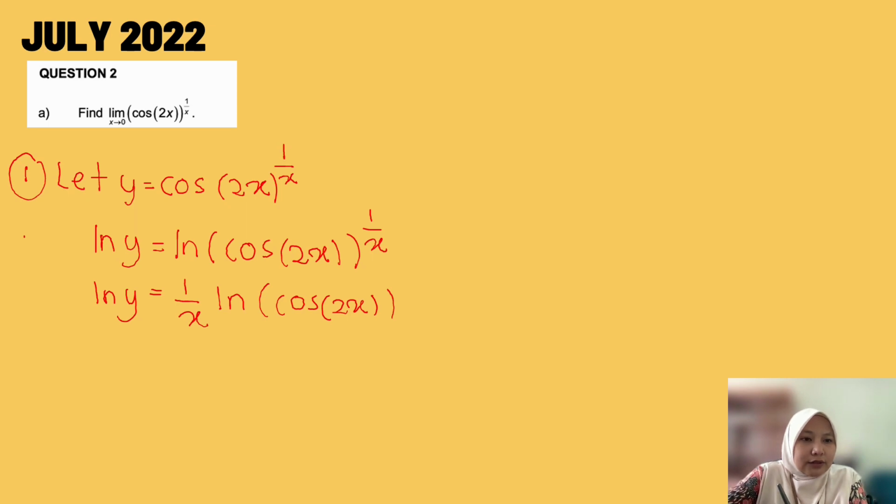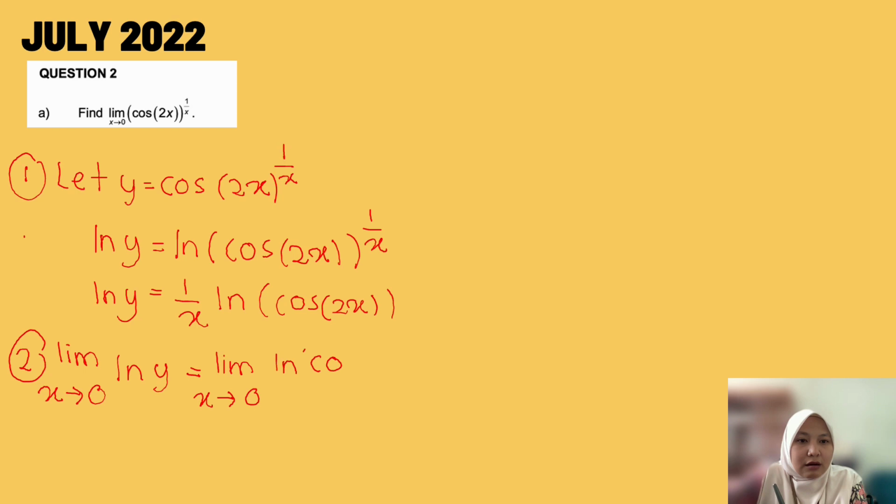Alright, so second step, we bring back our limit just now. Limit of x approach to 0, natural log y equals to limit of x approach to 0, natural log cos 2x over x.